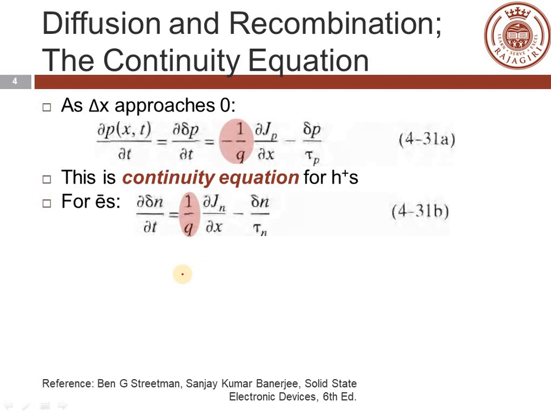So remember or note that sign of the 1 by q term. For holes, the sign is minus, and for electrons, the sign is plus.